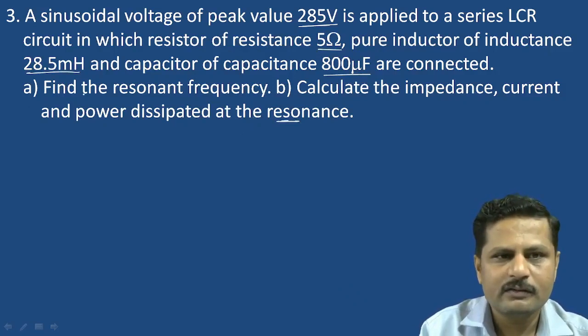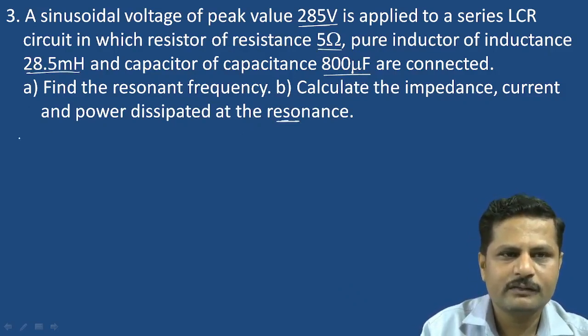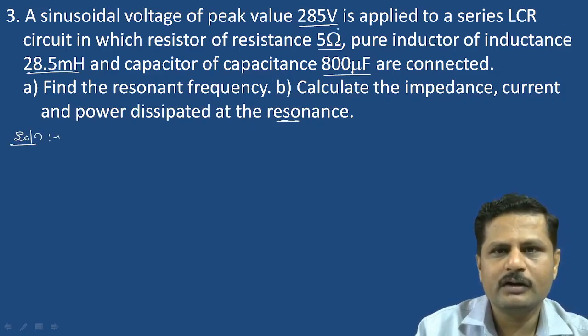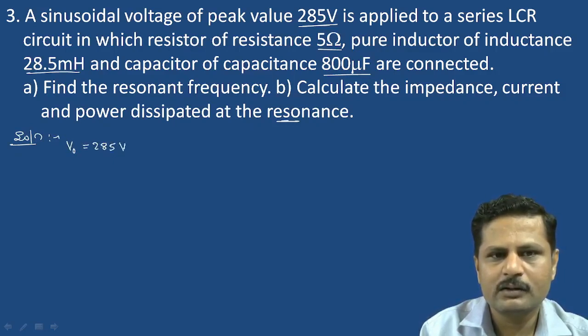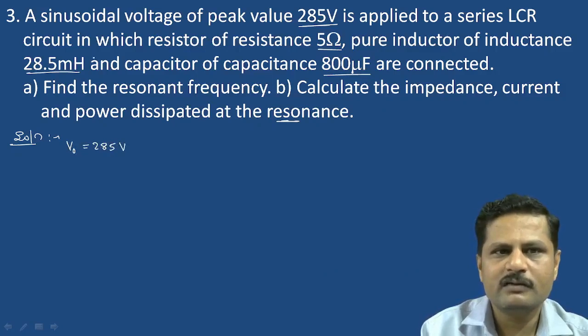So let's find out first the resonant frequency. For this, let me first write the given data here. The peak value of the sinusoidal voltage, that is V naught, equals 285 volt, applied to a series LCR circuit.